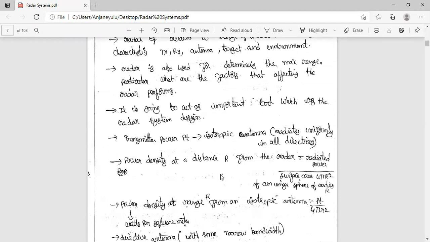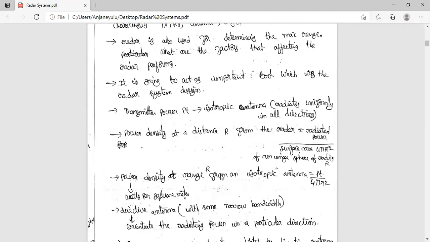Here we have to discuss the power density at a distance R, where R is the distance between the radar and the target.